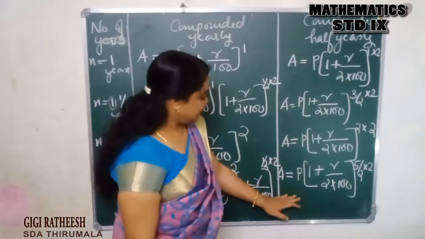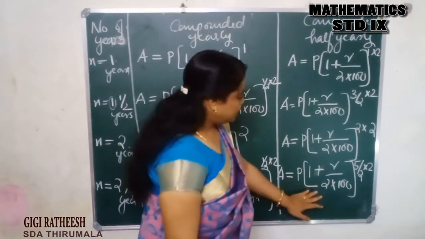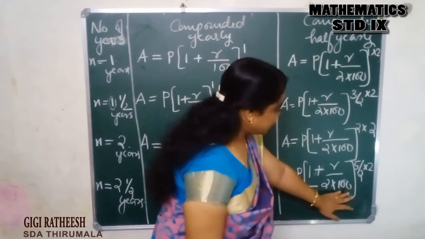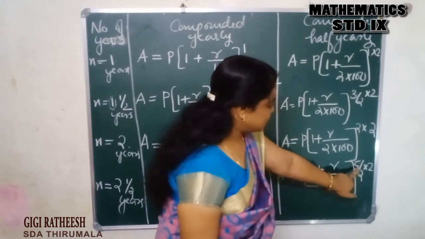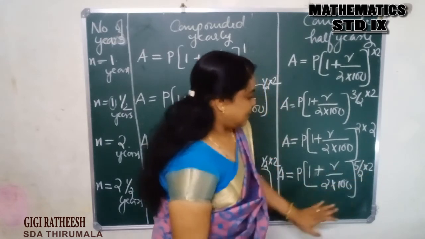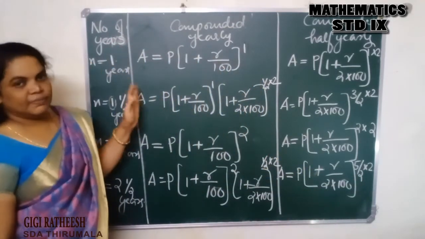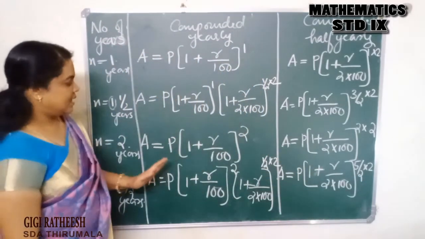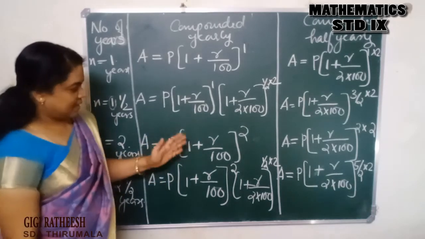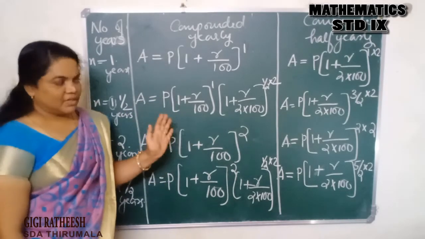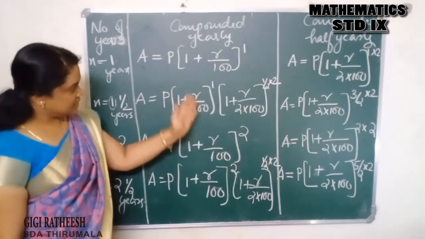And for half yearly, A is equal to P into 1 plus R by 2 into 100 the whole raised to 2 and 1 by 2, that is 5 by 2 into 2. Study this table properly, and this will help to find the problems.